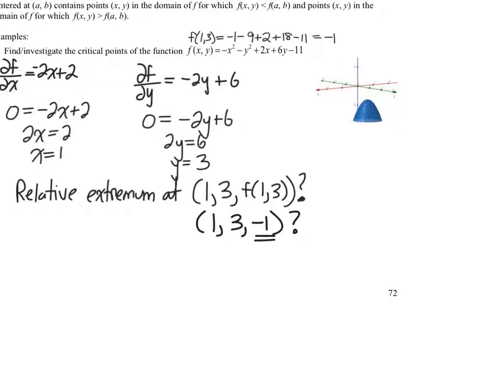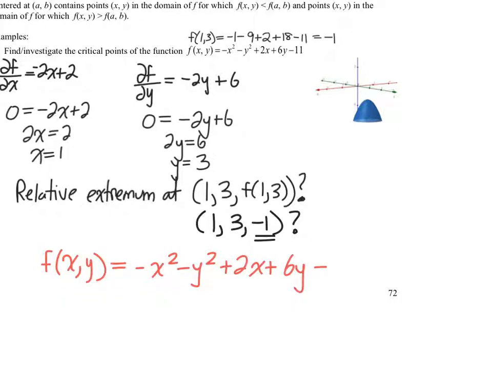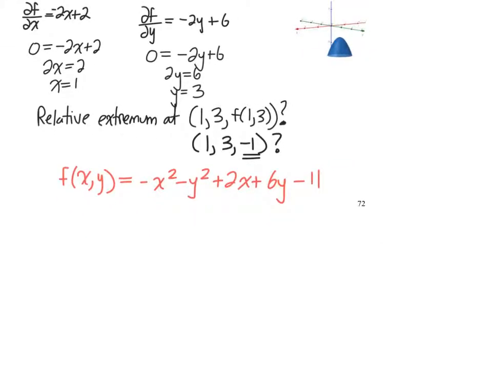All right? So what can we do? Well, we can do a couple of things. One thing would actually be to try to get this into some other form. So f(x, y), again, I'm going to rewrite the whole thing. I'm looking at something that is definitely a quadric surface, right?